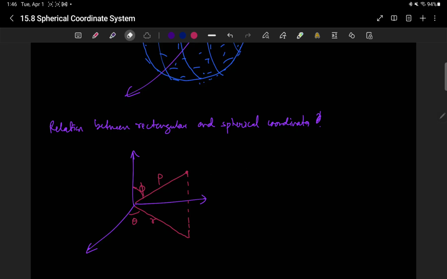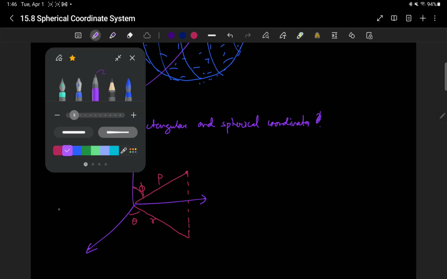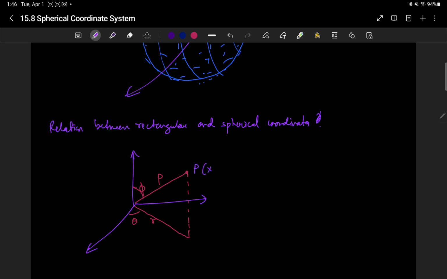Let me write this in a different color, so we have a color coding for now. Once I project this into the xy plane, this point has x, y but a 0, right? So let's call this P prime.